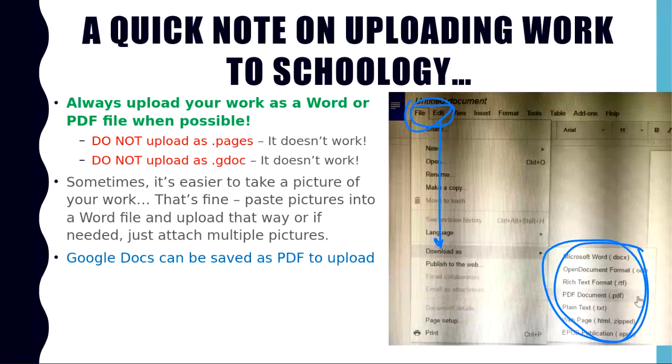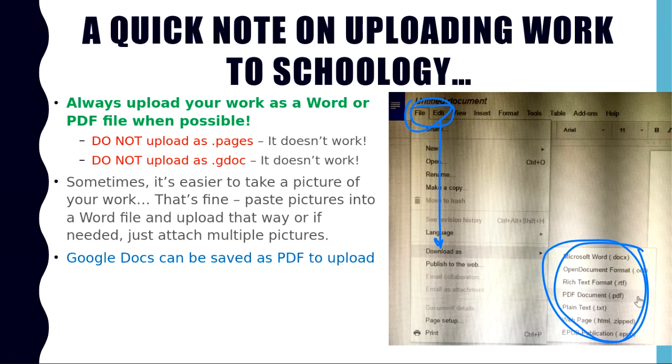Sometimes you will find that it's easier and better for you to hand draw graphs, or to write on a worksheet or type things. If that is your style, that is totally fine. But when you're uploading things, please don't upload just a simple picture of your work. Sometimes those picture files don't translate the right way and things get really weird.